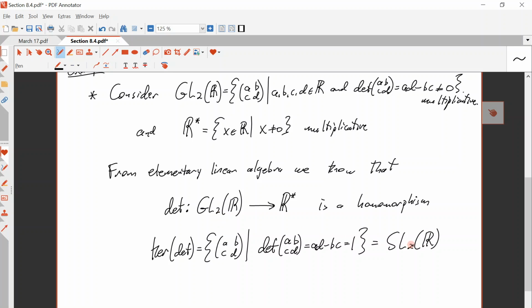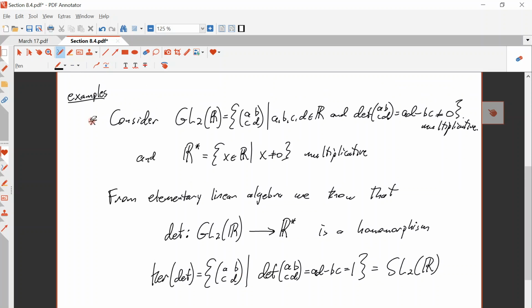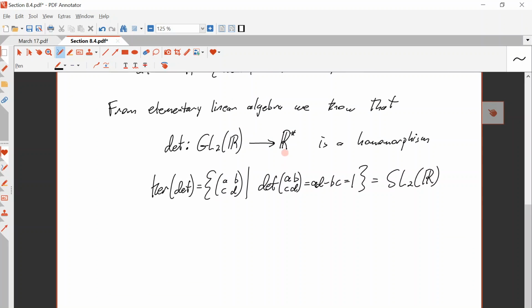There's the general linear group and the special linear group. So the determinant homomorphism from GL2 R to R star has kernel the special linear group. So that's one example, where the range is multiplicative.